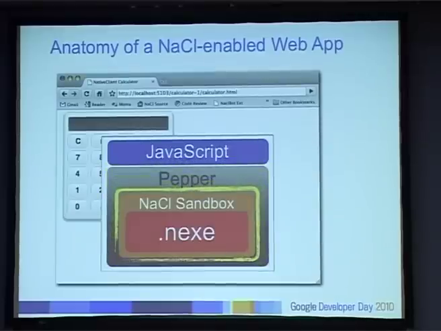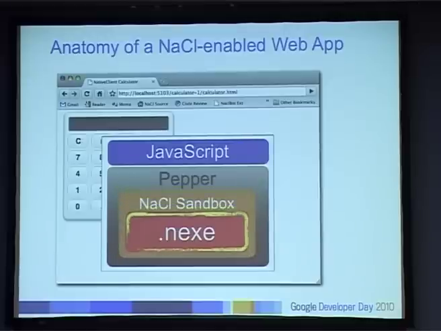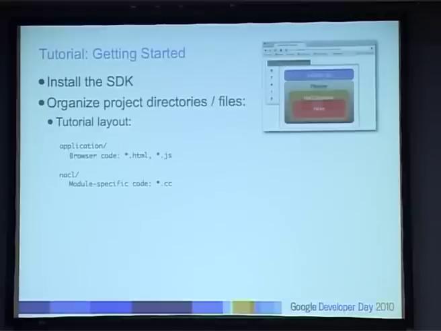And that Pepper layer is actually in the browser, right? So we've more or less built it into Chrome. That talks to the NACL sandbox, which then is running your actual NACL module. So there is a small runtime that comes built into Chrome that knows how to run these .nexe NACL modules.